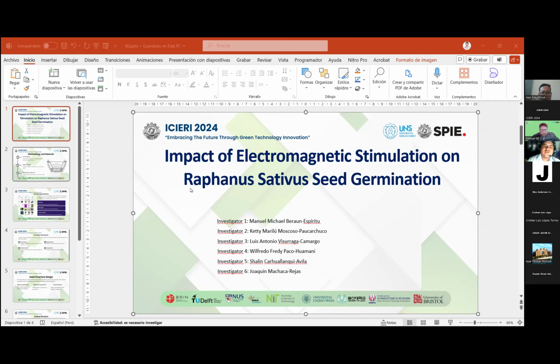In the seed germination process, the interaction of various factors, both internal and external, plays a crucial role in determining the success of germination and the subsequent growth of plants. The quality of seeds, soil preparation, and environmental conditions are key aspects to be considered.